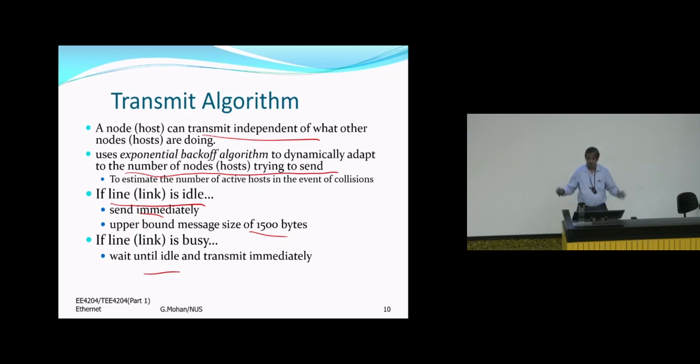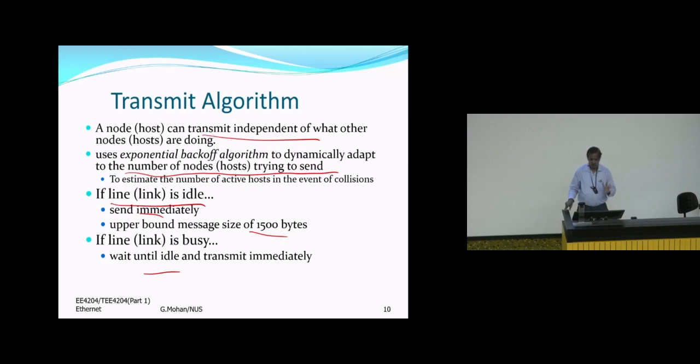If it thinks many people are trying, then it will use a small probability, or it may have to defer. How long it has to defer a retransmission attempt depends on how many active users are there. Okay?